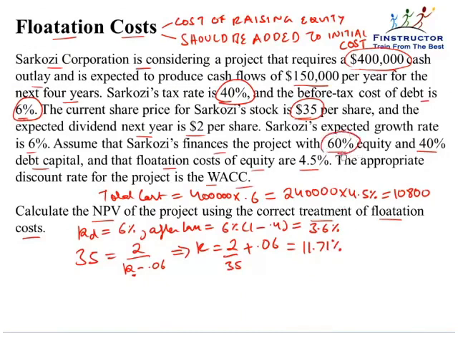60% is equity and 40% is debt. So the WACC will be 60% into the cost of equity, that is 11.71, plus 40% into the cost of debt, that is 3.6.